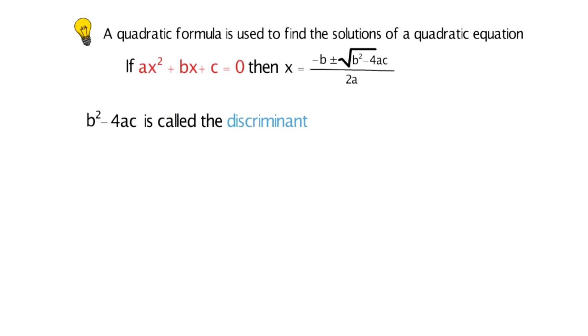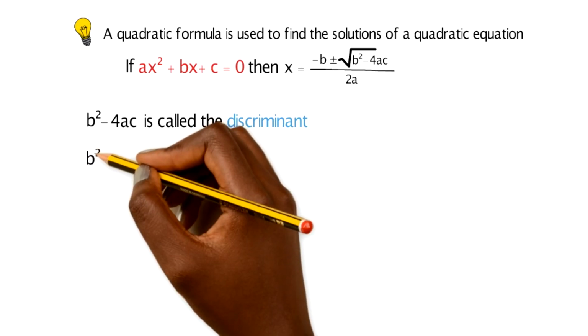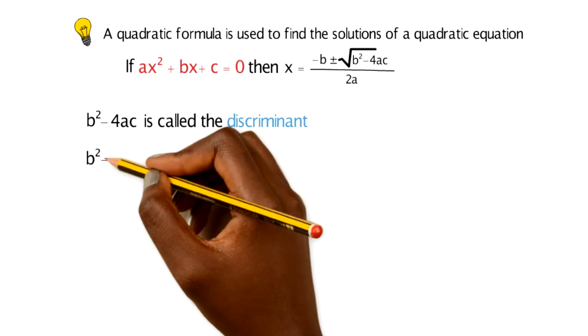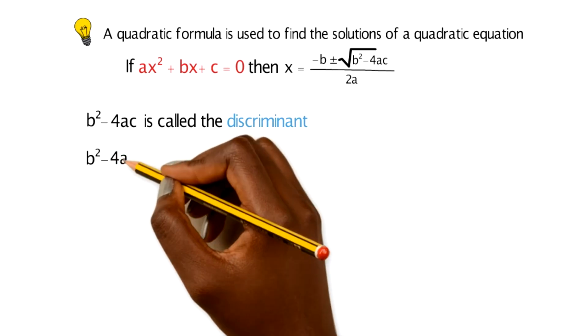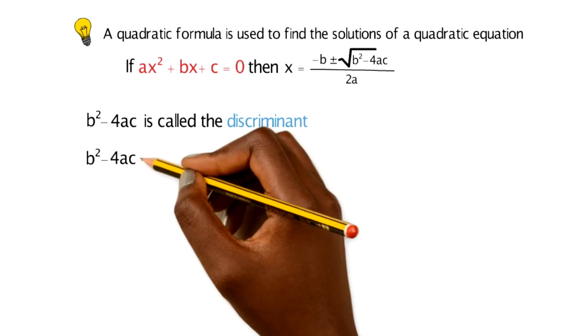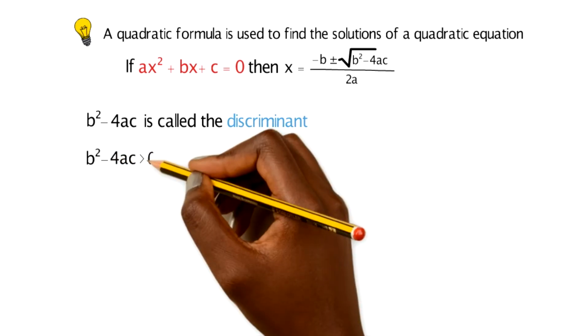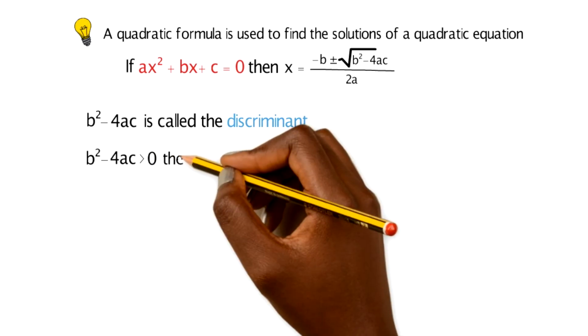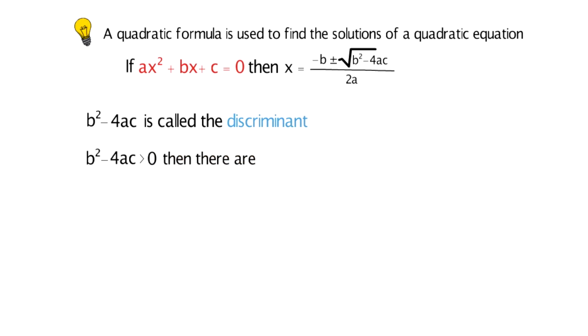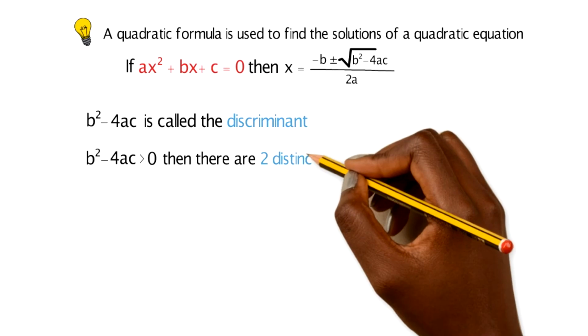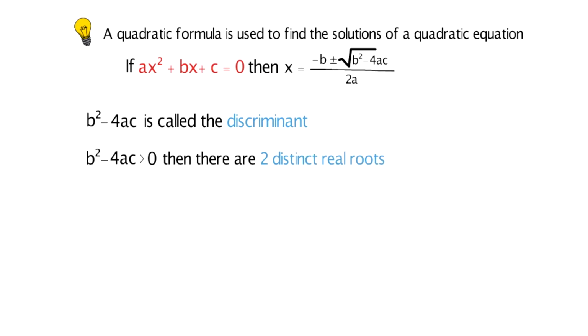And there are a few things that you need to remember about this discriminant. If our b squared minus 4ac is greater than 0, then there are two distinct real roots, so there are going to be two real solutions for that equation.